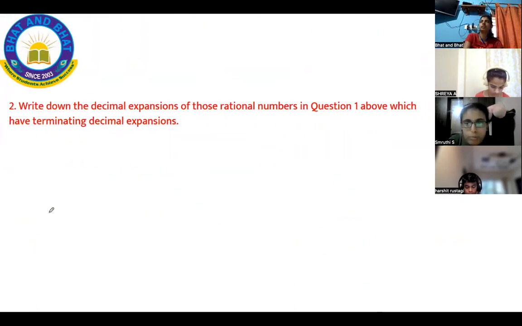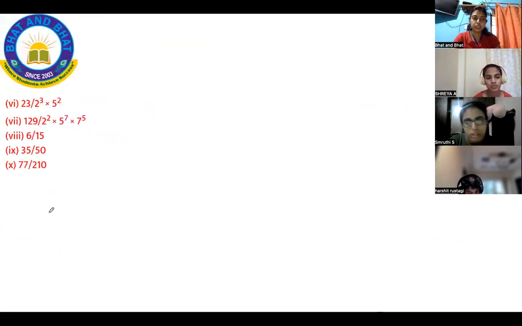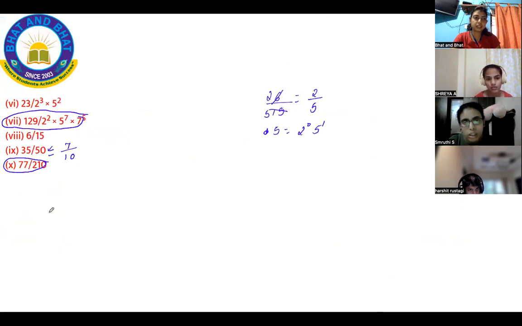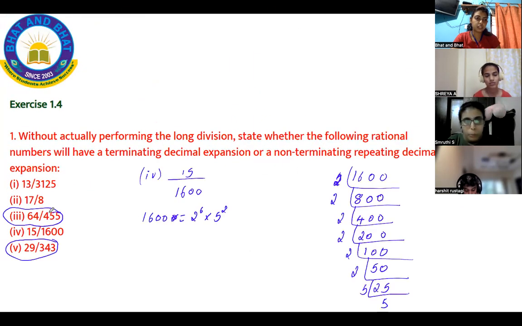Now, in the second question, they have told, write down the decimal expansions of those rational numbers in question 1 above which have terminating decimal expansions. So we should eliminate 10, 7, 3 and 5 because they are non-terminating.